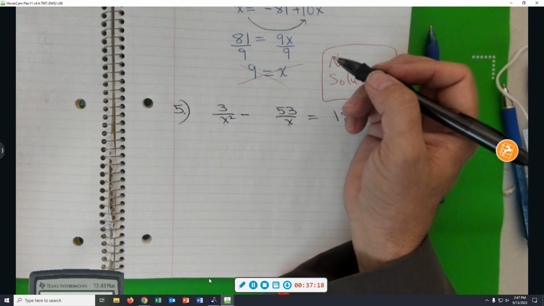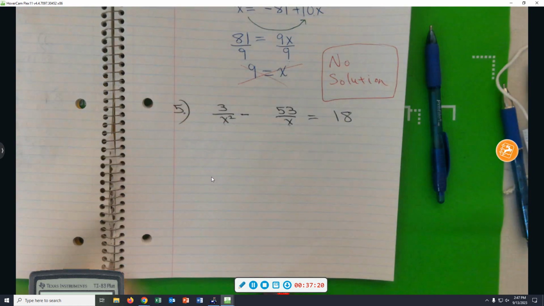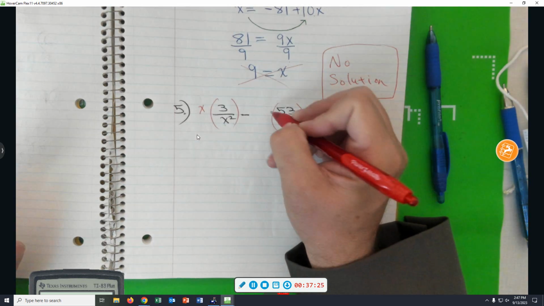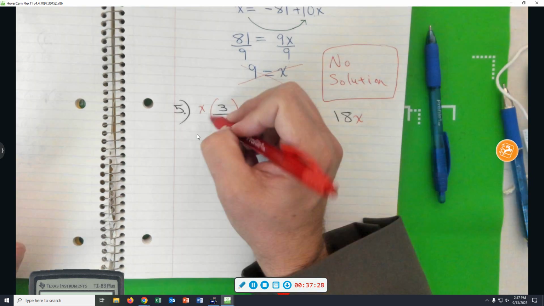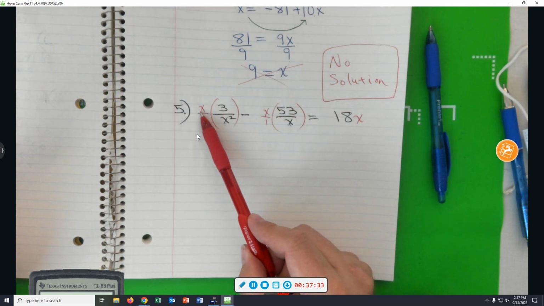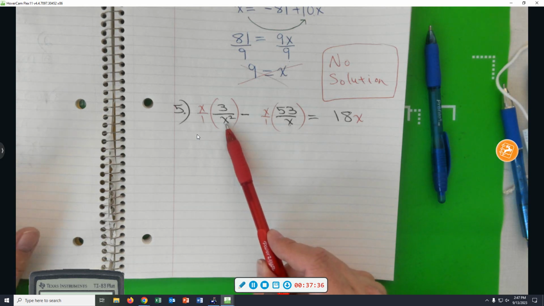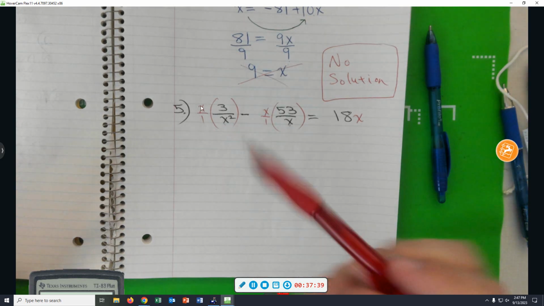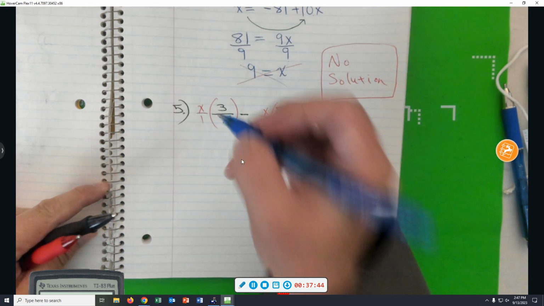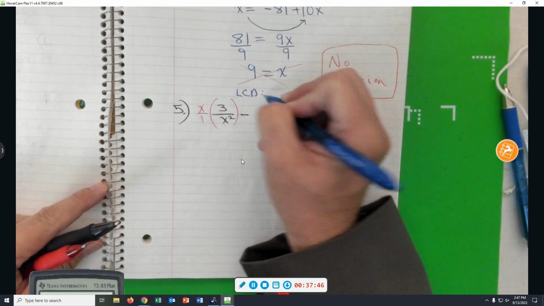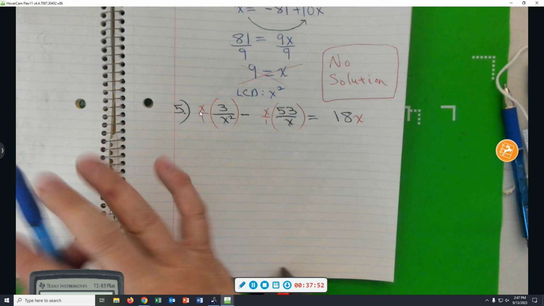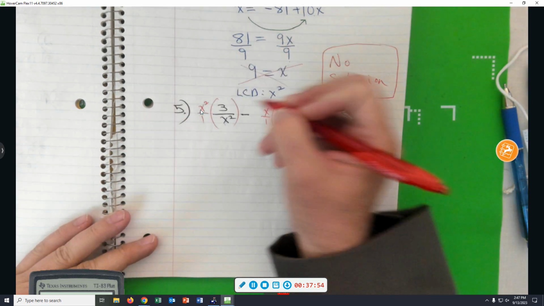We're either going to multiply by x or by x squared. A common mistake is for people to multiply by x. If you just use an x here, are you going to cancel out that entire denominator? No. Your least common denominator with repeated factors, you use the same factor, but the largest exponent. So you multiply through by an x squared.